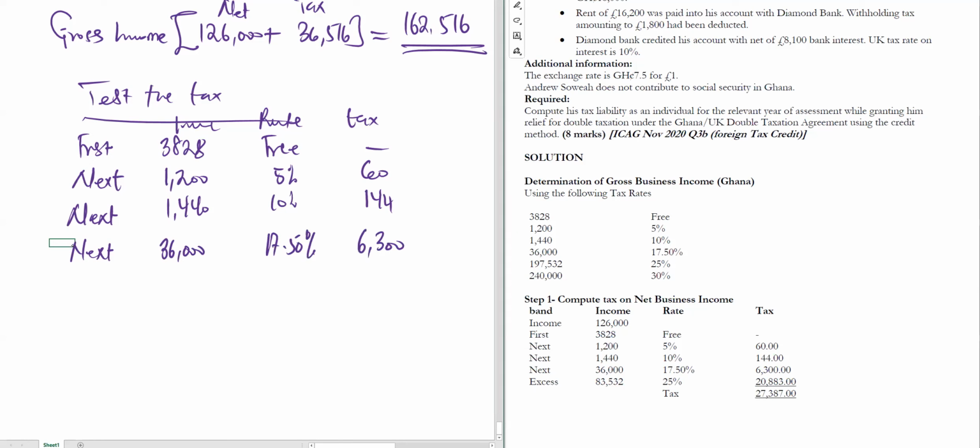Okay. The remaining will be what? Because we are comparing it to a total income of 162,516, right? So when you add all this up, what do you get?